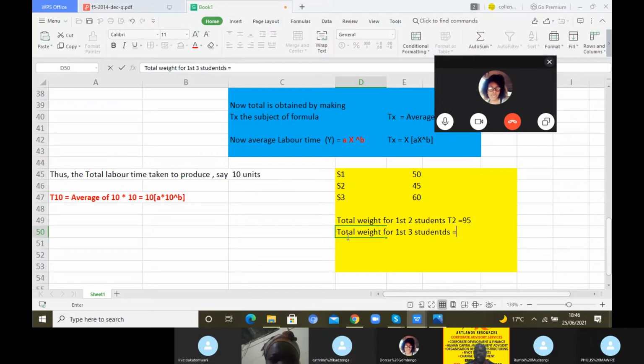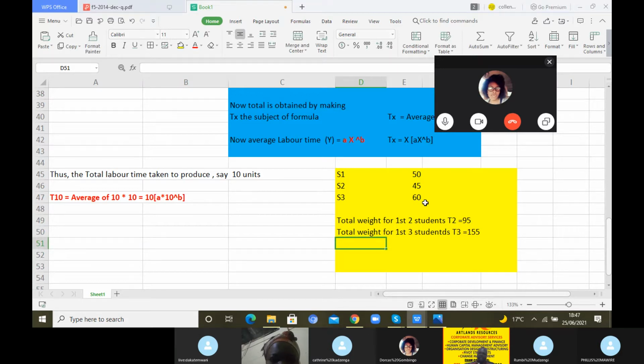If you are asked first 3 students, which is T3, please pay attention, guys. T3, you get total weight for the first 3 students. It's 95 plus 60, which is 155. Total weight for the first 3 students.